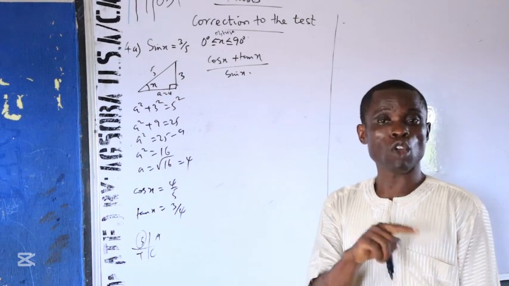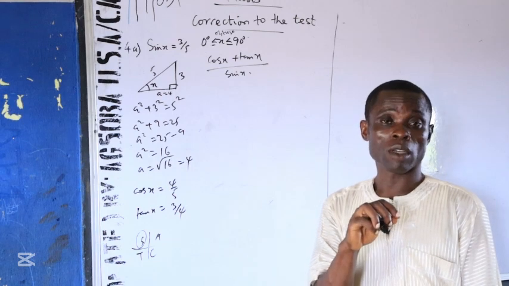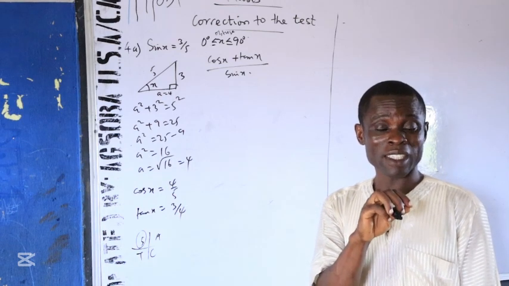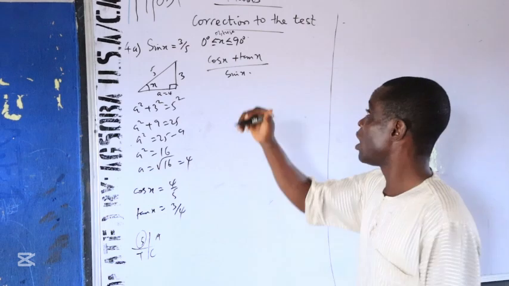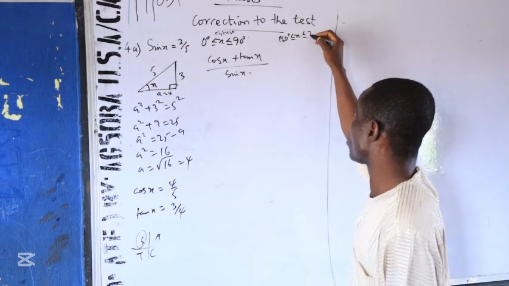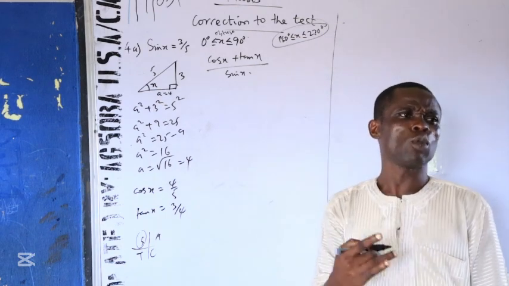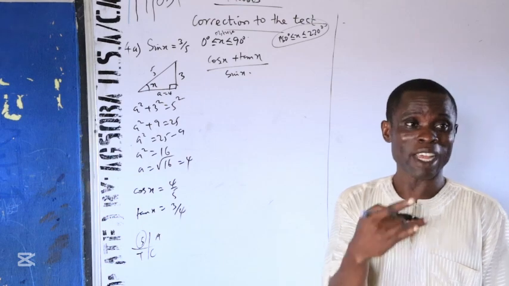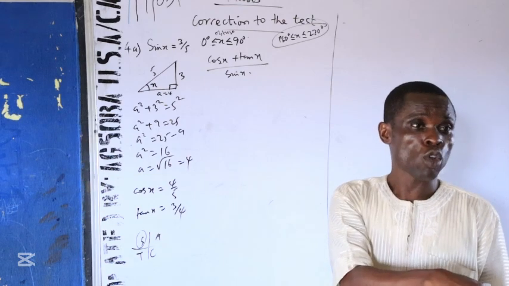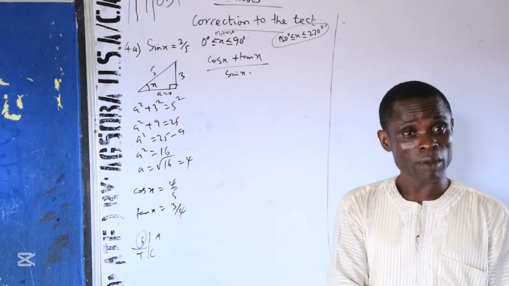Reflex could be in the third or fourth quadrant. But in that case, if it is in the third quadrant, that range will be given to you maybe as 180 less than or equal to x less than or equal to 270. You must know that that is the third quadrant. I cannot use the word reflex angle because that reflex angle could be in the third or fourth. It is an angle that is greater than 180 but less than 360.